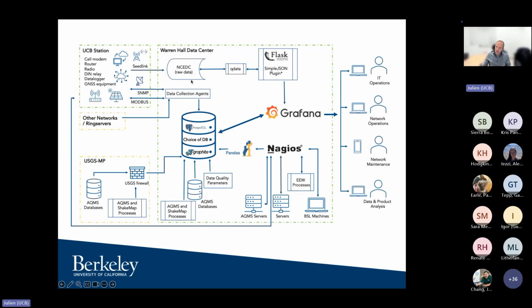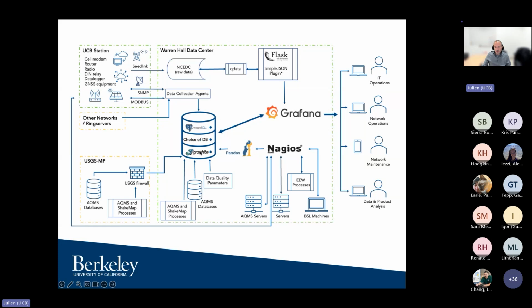So we wanted to be able to display that information directly without having to store it in another database. And we managed to do that through a Flask API that allows connecting to our data center and displaying that information directly in Grafana. For the rest of the system, we are storing this information in different types of databases. Some already existed, some are new ones.